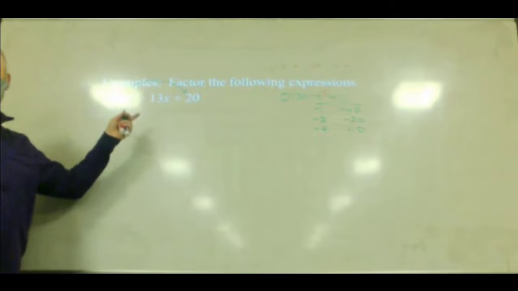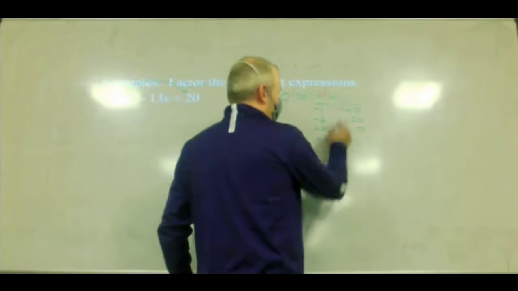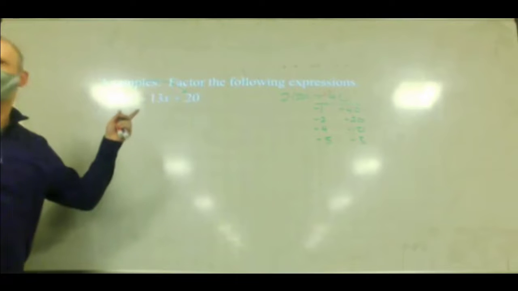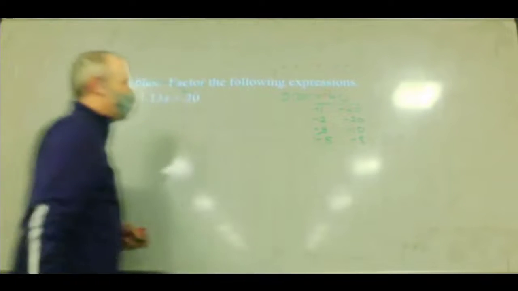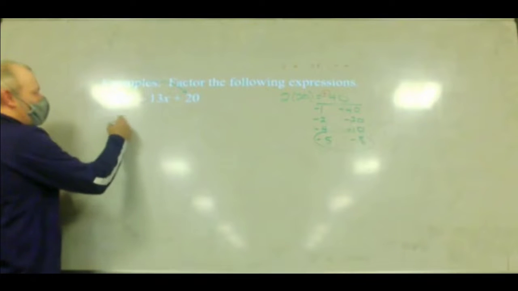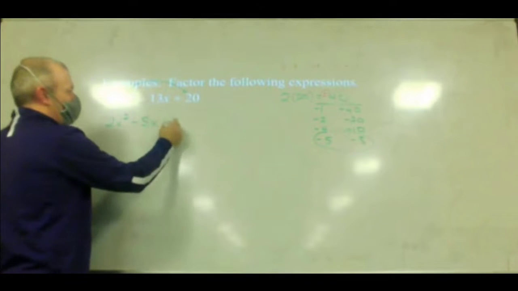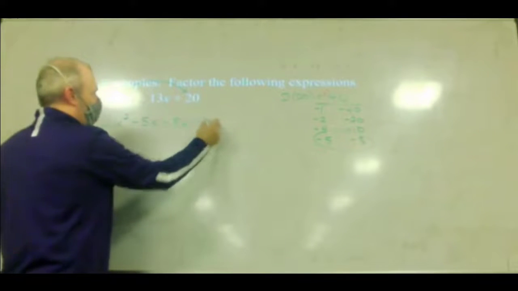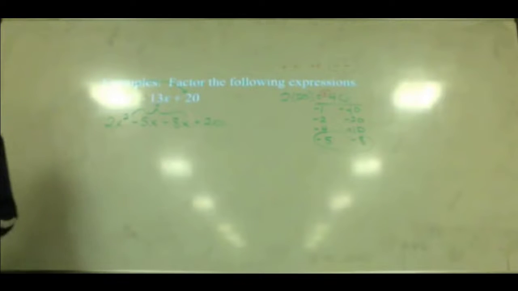Really close, but not quite, right? Negative 14. 5 divides into 40 8 times. Does that add up to be negative 13? That's the winner. Okay? So then rewrite 2x squared minus 5x minus 8x plus 20. And again, this is okay because those add up to be negative 13.